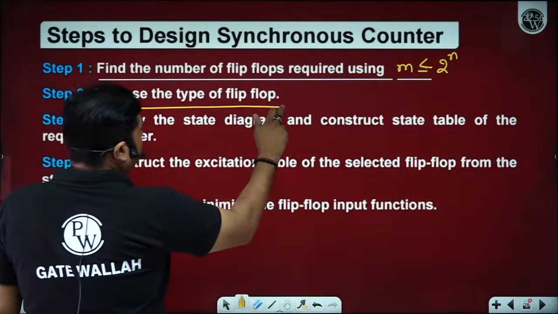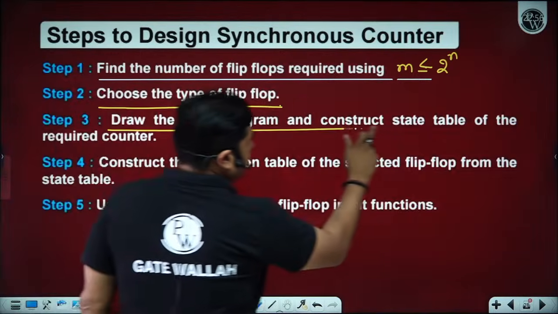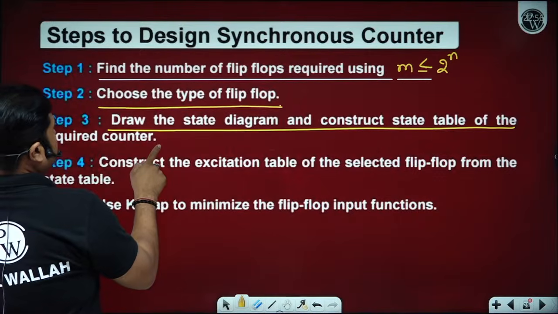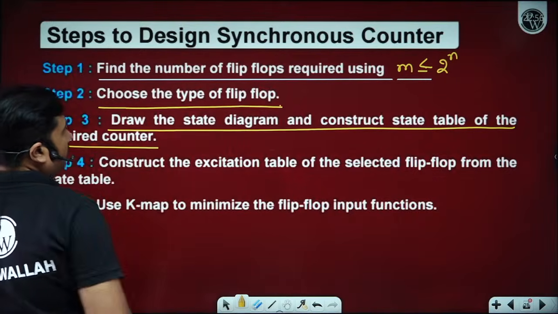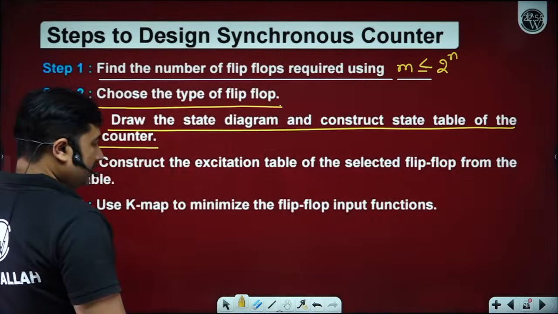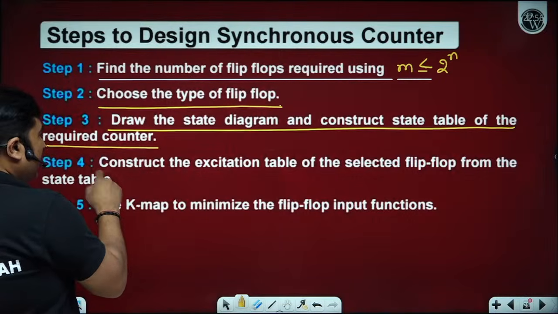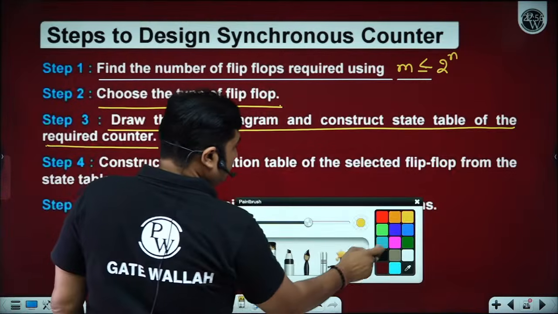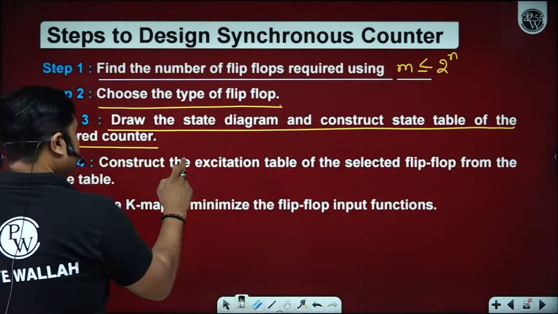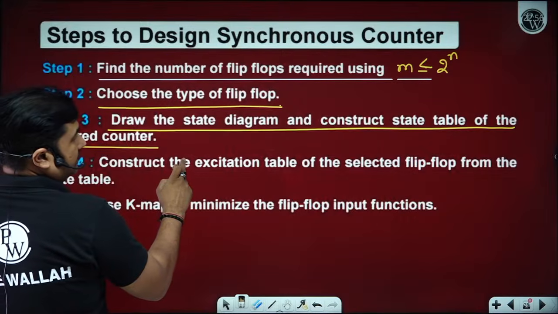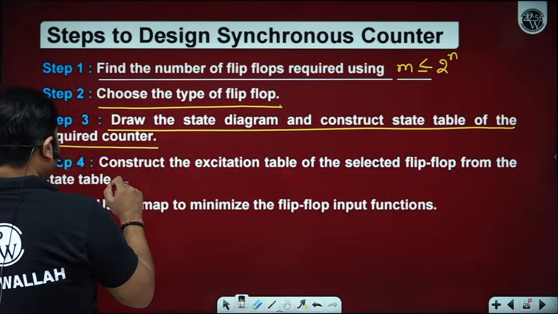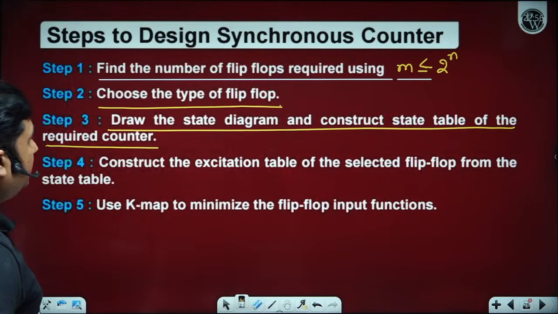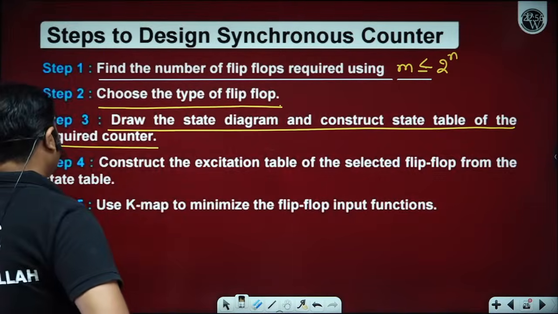Choose the type of flip-flop, then draw a state diagram and construct a state table. Then construct the excitation table of the selected flip-flop from the state table.